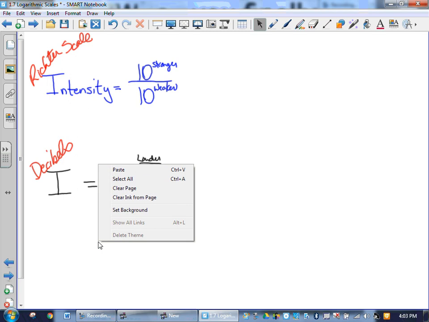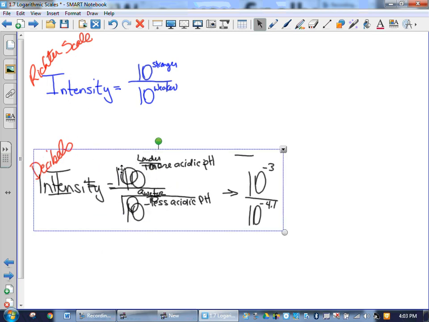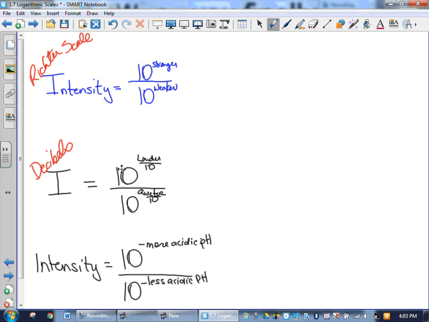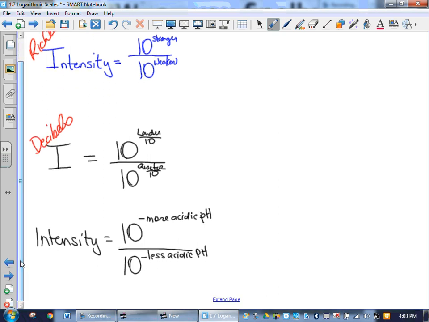So please make sure you have those three in the back page. So Richter scale, straightforward. Decibels, deci, divide by 10. And for my pH, I need to have a negative in front of my different pHs because our scale is essentially upside down.